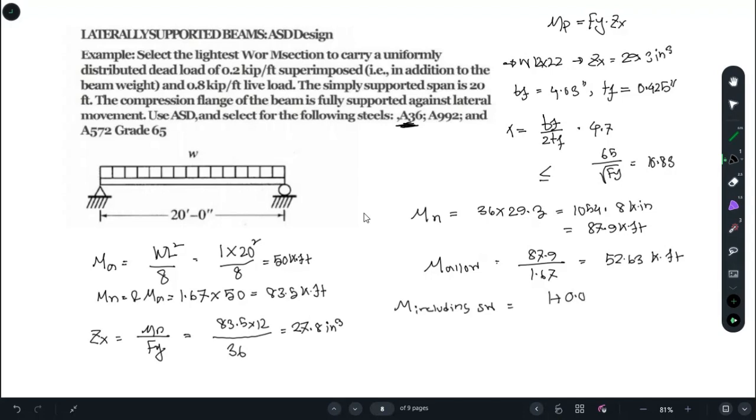If we convert it to kip per feet, that would be 0.022, and we have a length of 20. So square it and divide by 8. You'll get a moment of 51.1 kip-feet, which is less than our allowable moment. So we can say that the design section W12x22 is working to withstand the external loading on the structure.